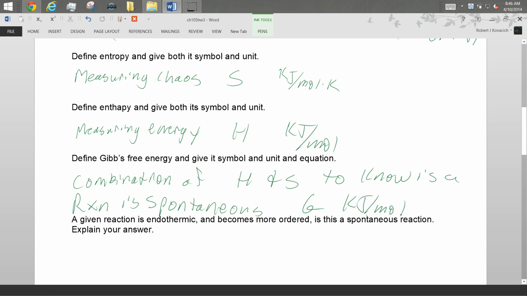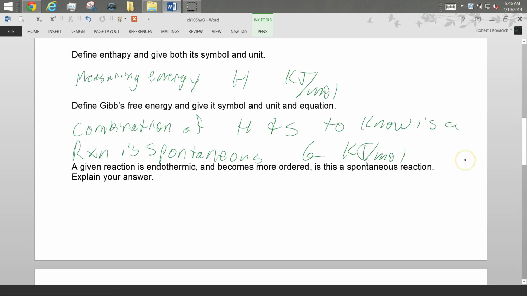It's a measure of the spontaneity of a reaction based on its enthalpy and its entropy. A given reaction is endothermic and becomes more ordered. Is this reaction spontaneous?